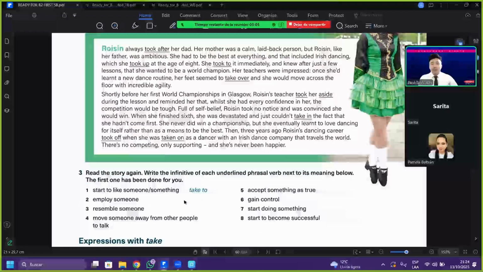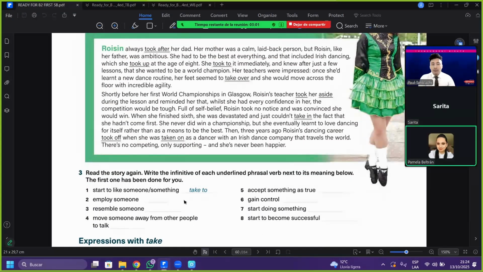Number 3, to resemble someone. Resemble means to be like someone, parecerse a alguien. That is the meaning. Which one can be, apart from take to and take on?